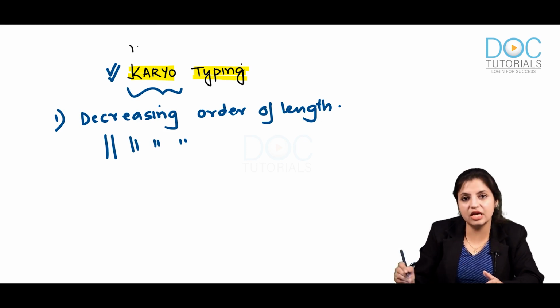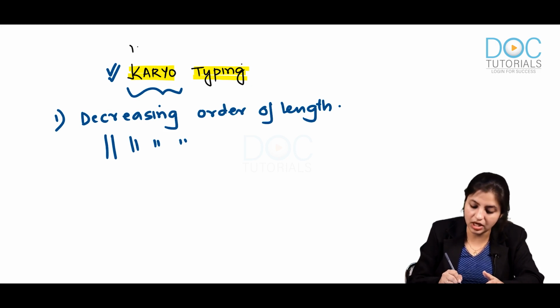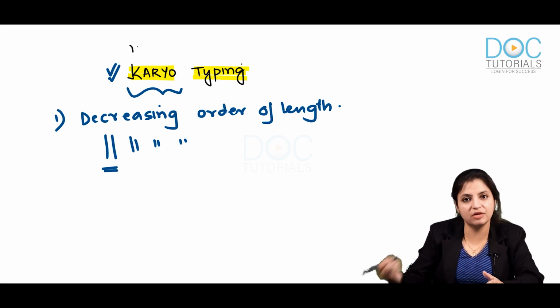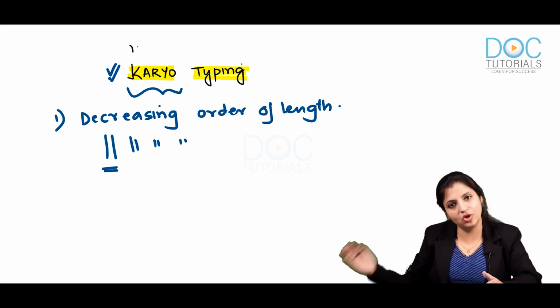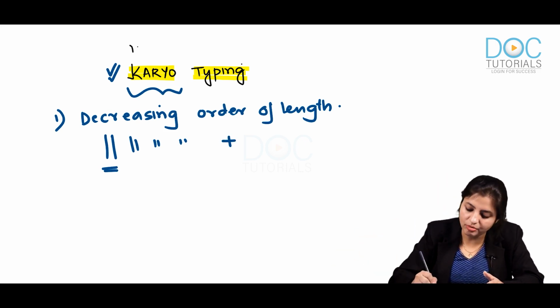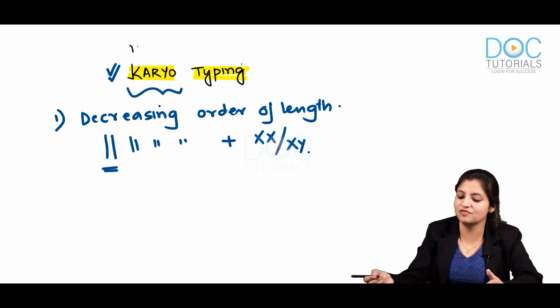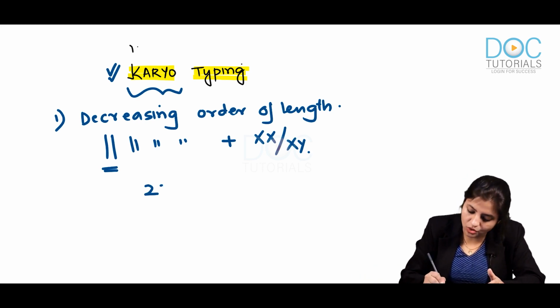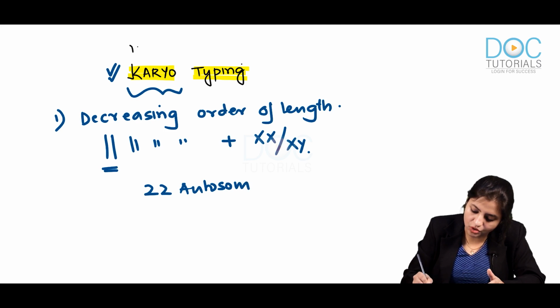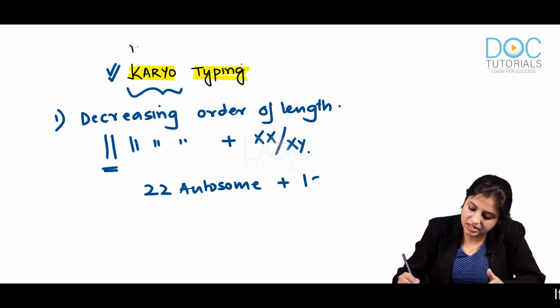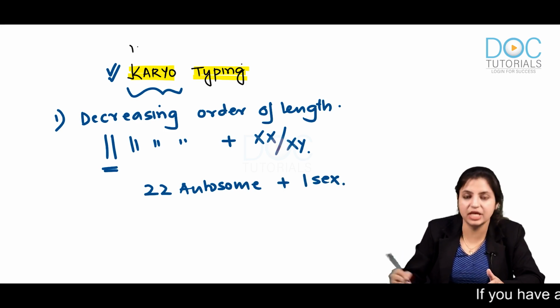That's number 1. The largest chromosome is usually chromosome number 1, and then comes the smallest like that, followed by sex chromosomes, which could be XX or XY. So you all know that we all have 22 pairs of autosomes and one pair of sex chromosomes.